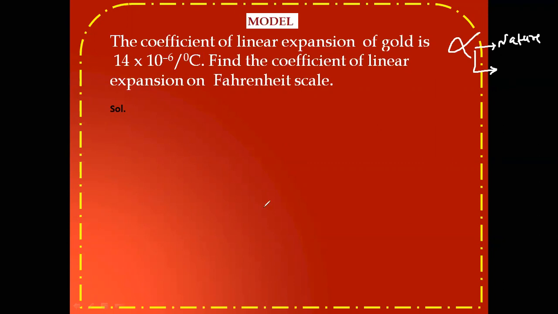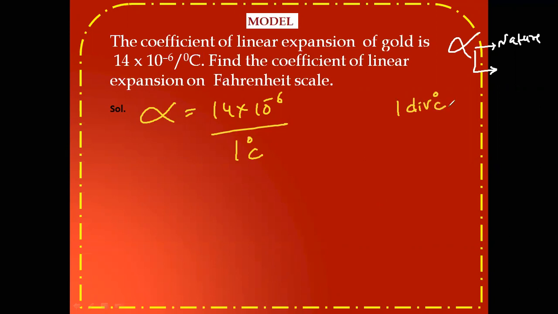Now see here, alpha is equal to 14 into 10 power minus 6 per degree Celsius. Already you know very well, one division in the Celsius scale of temperature is equal to how much? 9 by 5 degrees of Fahrenheit. This is the value you know.